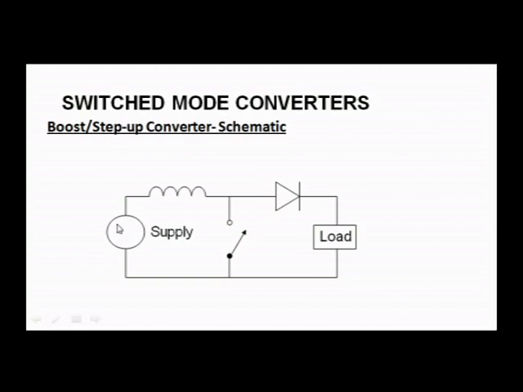The supply is a DC, you are having an inductor. Now, the principle of the inductor, always keep in mind, is that it is going to destroy the magnetic field which it has created. Then you are having a switch in the form of a thyristor, you are having a diode in the circuit, and finally the load. Okay. So, this is just a schematic of the boost converter.